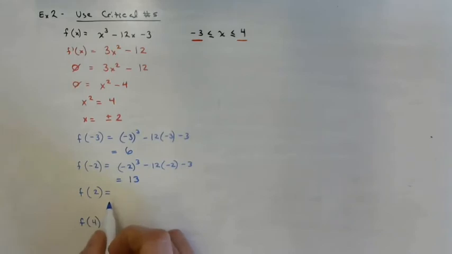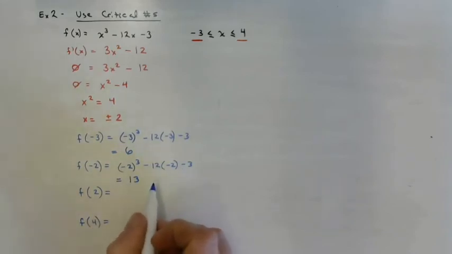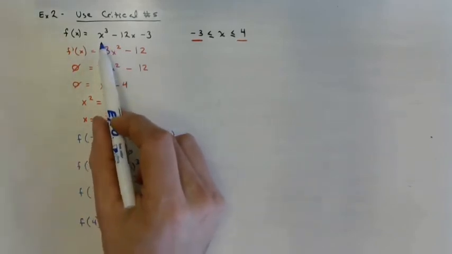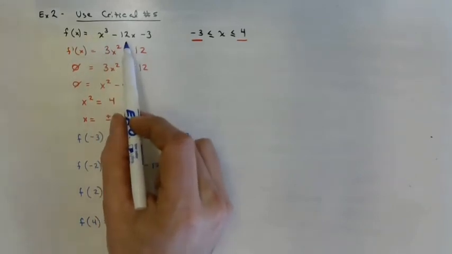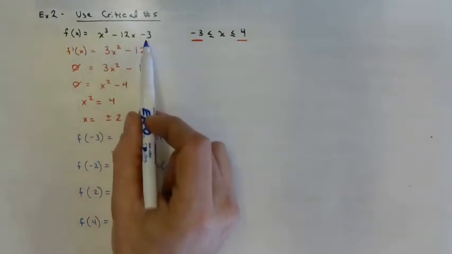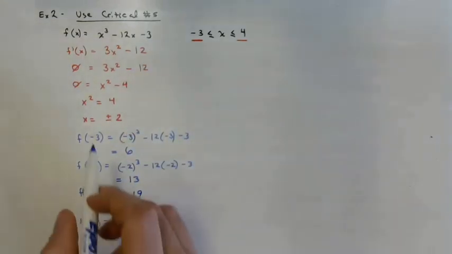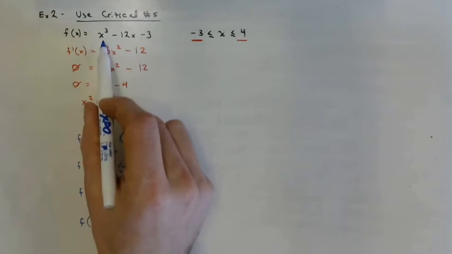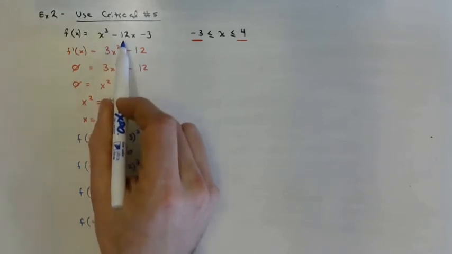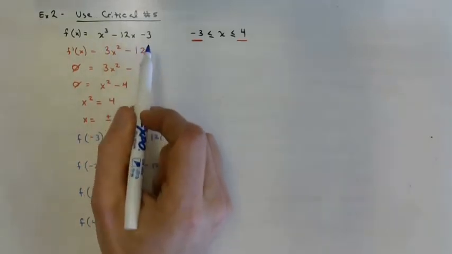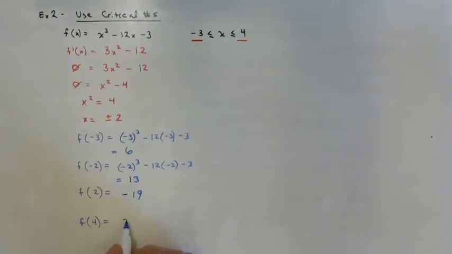Sub 2 in there. I'm not going to write my sentence anymore. I'm just going to do it in my head. 2 cubed is 8. Minus 24 is going to get us negative 16. Minus 3 more is negative 19. And then sub 4 in there. 4 cubed is 64. Minus 48. Minus 3 more. It's going to get us 13.